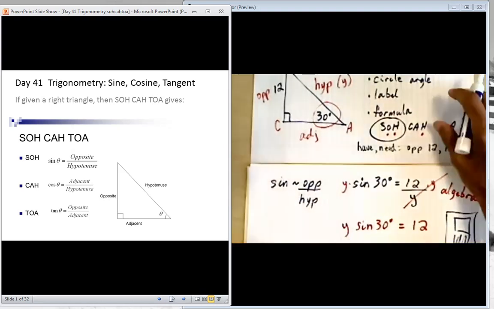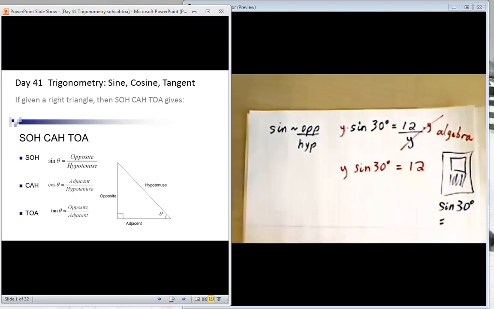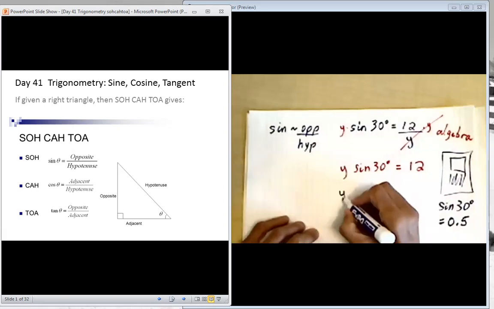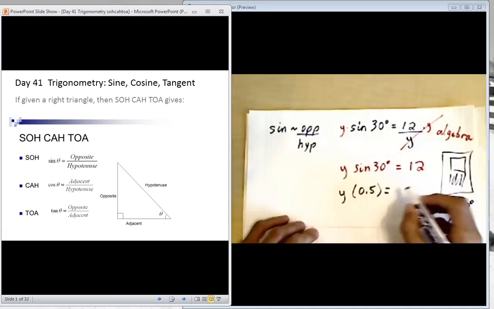So you do that. Yeah, the calculator, when you work it out, if you haven't seen this topic before, happens to be 0.5. That means we can clean up our equation even more. We got y now times 0.5 is equal to 12.